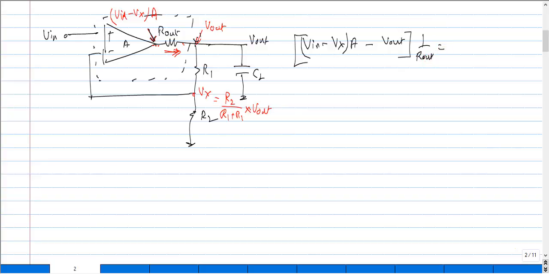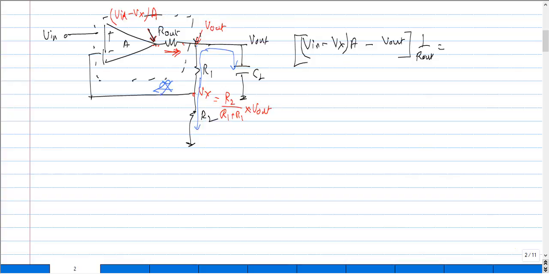And this current basically flows out of this particular node, and then it finds two paths here. One is across the capacitor CL, the other one is across the resistance. And again, if I assume that the input impedance of this op-amp is infinite, then none of the current would flow in this particular path. So all of the current would flow across the resistances R1 and R2.